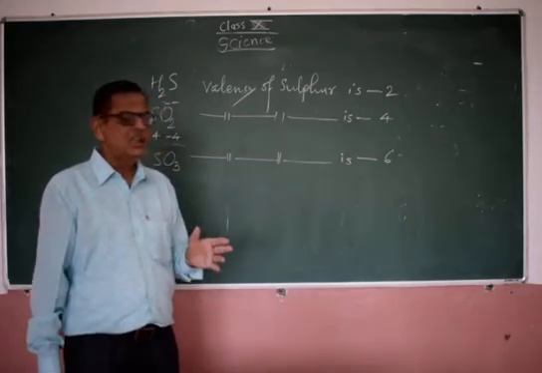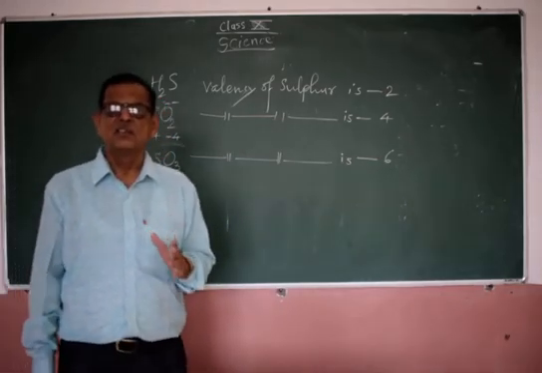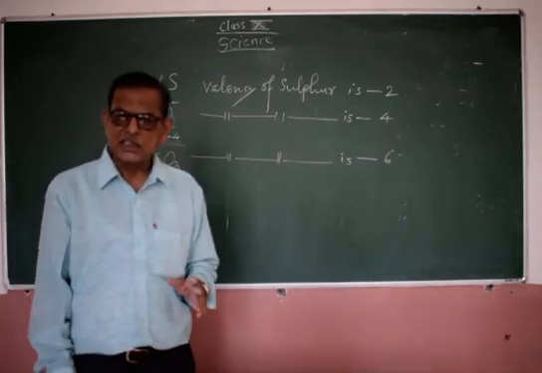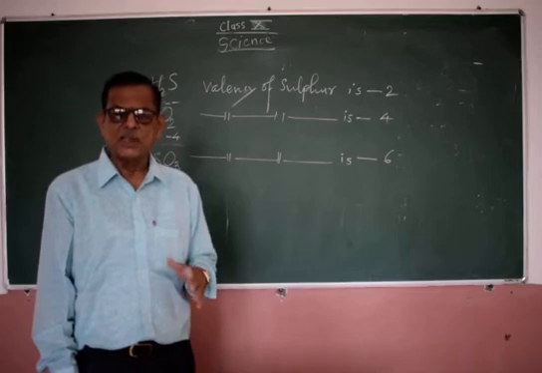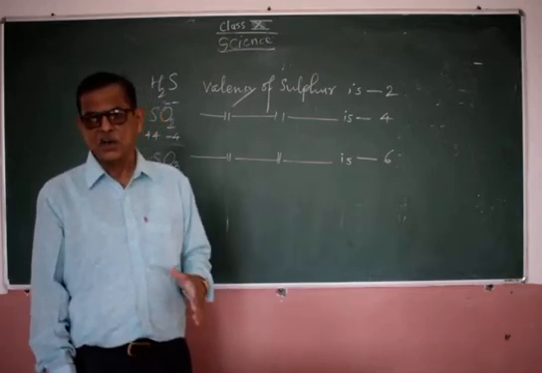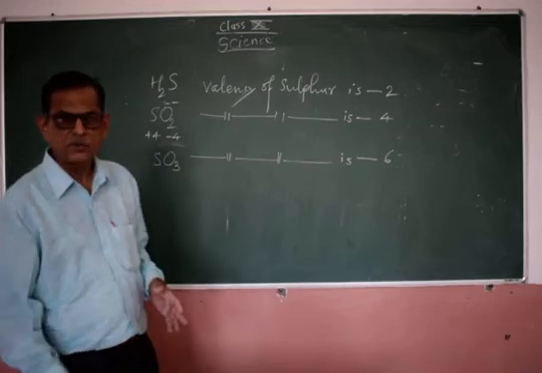And again, there are a number of ways to find out the valency. The oxidation number concept is one of the important concepts by means of which we can find out the valency of an element in the given compound.